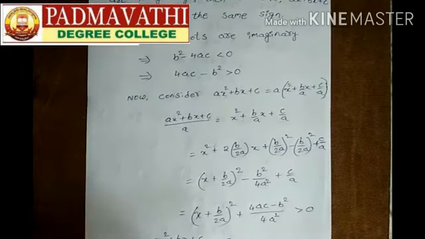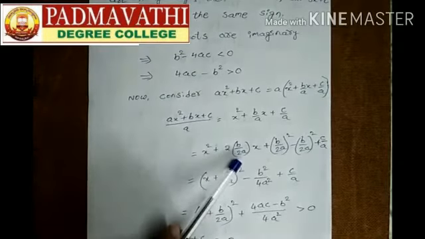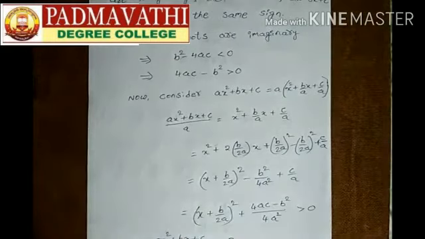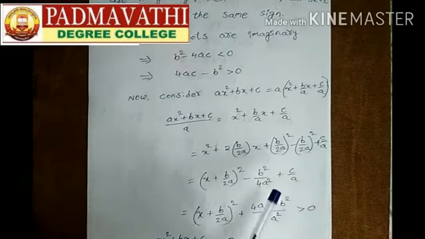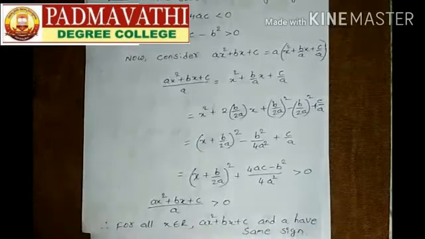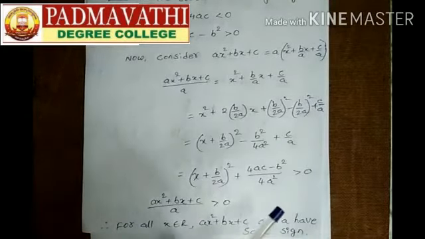To do that, we multiply and divide by 2 for this x term: 2 into b by 2a into x, plus b by 2a whole square term, we need to add and subtract, plus c by a. So now we can write this expression as x plus b by 2a whole square minus b square by 4a square plus c by a. By doing LCM, the value will be x plus b by 2a whole square plus 4ac minus b square by 4a square.